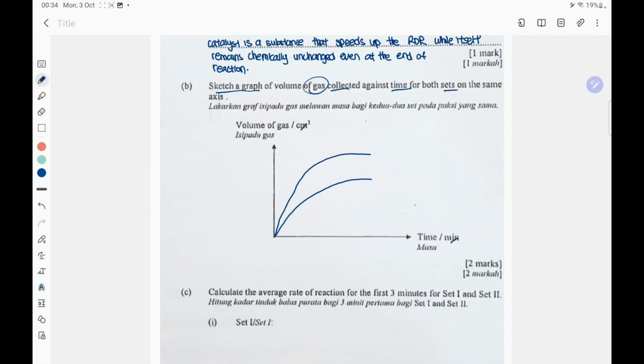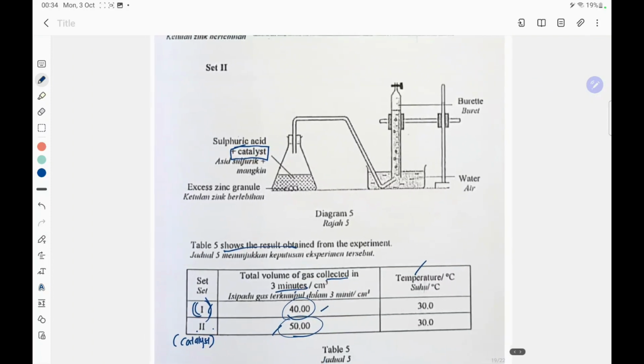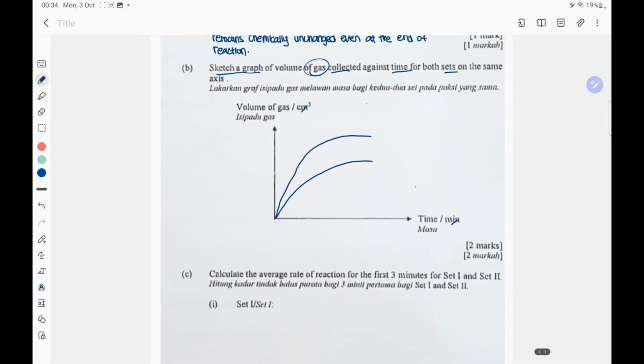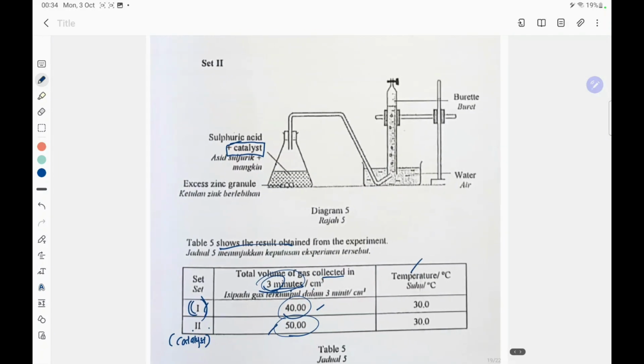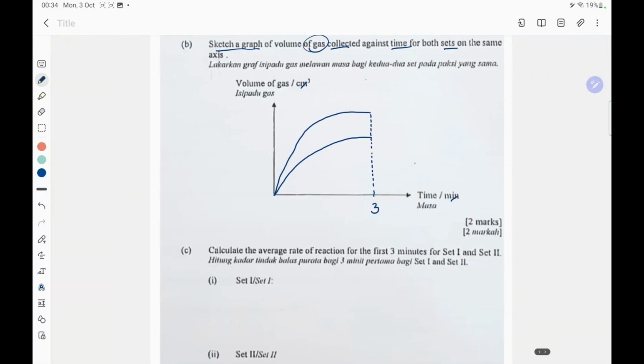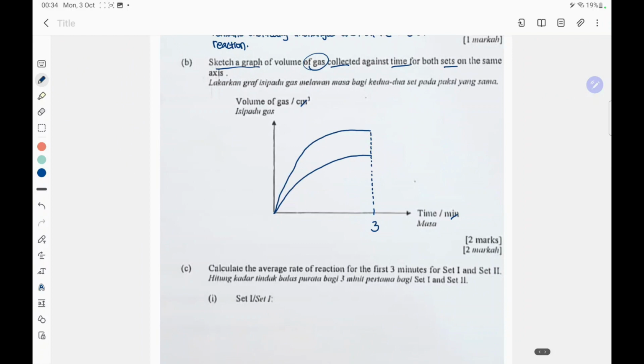Both readings are taken at the third minute, so here we draw dotted lines down and label it 3 minutes. The first set has 40 cm cube, the second set has 50 cm cube. So I'm going to draw my line.